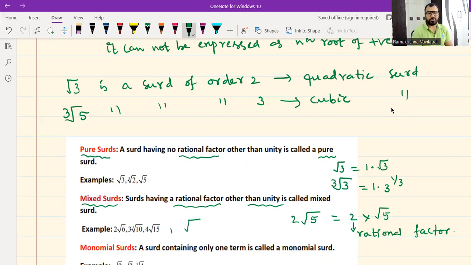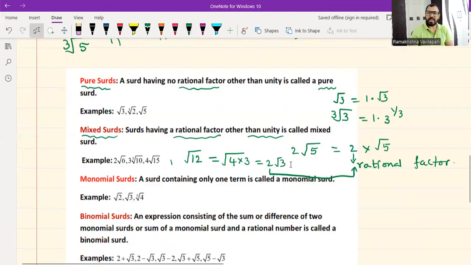Or you can say root over 12. Even though it seems like a pure surd, it's not exactly, because we can write this as root over 4 into 3. So we get 2 into root 3. So 2 is a rational factor.